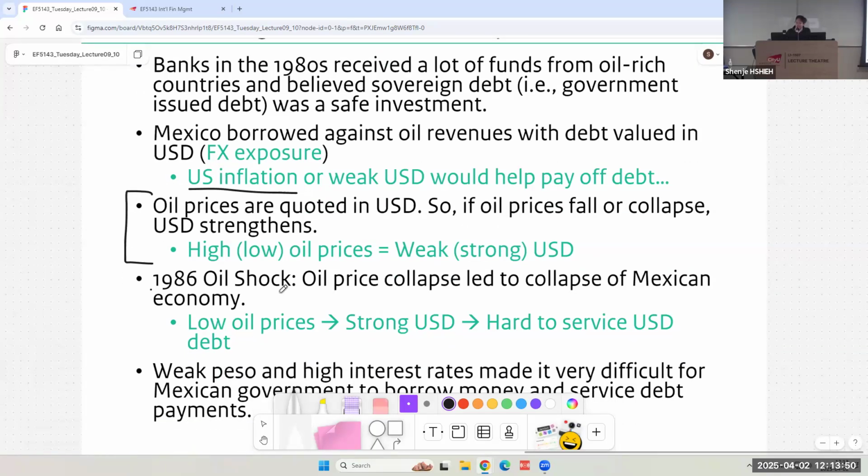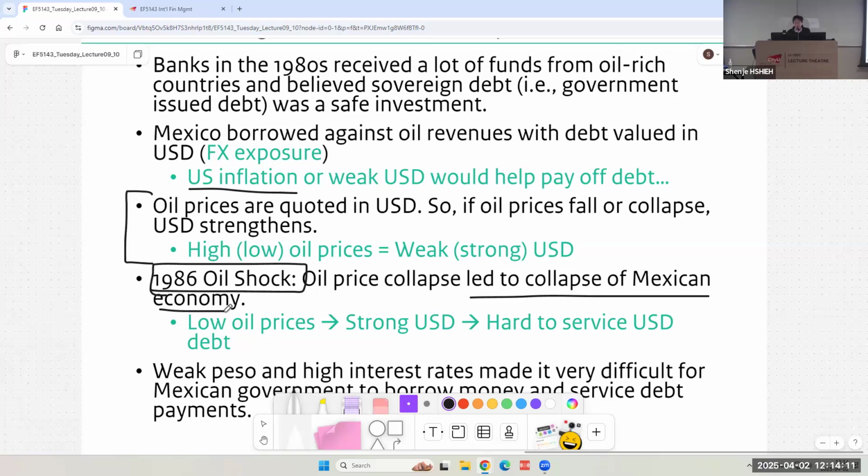However, in 1986, there was an oil shock. Oil shock not in the sense of an increase, but a decrease. The reason was that the Federal Reserve decided to increase interest rates dramatically. The dollar strengthened by a lot, and this led to the near collapse of the Mexican economy.